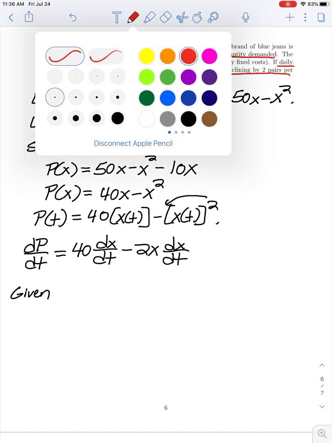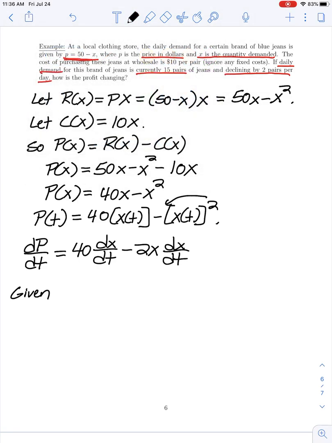So here x was the quantity demanded, so we're given the current demand, x is 15 pairs, and we're given that the demand is changing, that is the rate of change or the derivative of demand, by negative 2 pairs per day. Now, why negative? Well, we're told that the quantity demanded is declining. So decreasing means a negative value for our derivative.